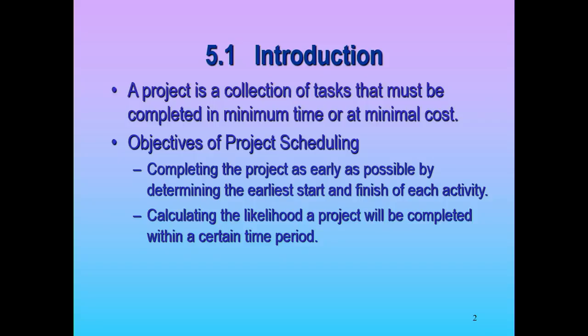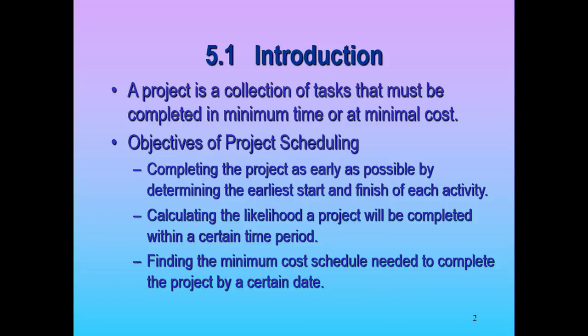The likelihood we're done by this date is only 50%. Because when you do something, you're not always going to do it in exactly 5 days. You may say 5 days is the average, but it may take 5 days plus or minus 2 days. So we want to build some variability, some variance into the project, and then we'll use probability to help us assess the likelihood of completion.